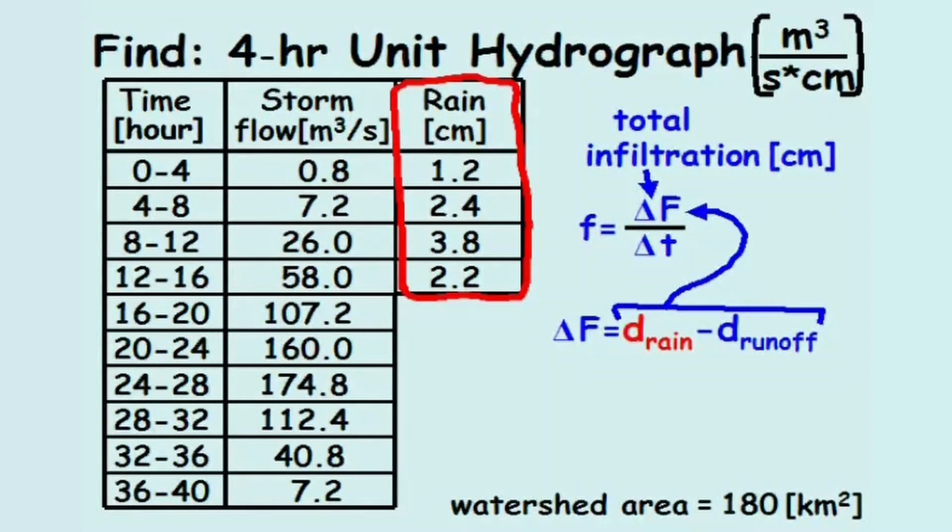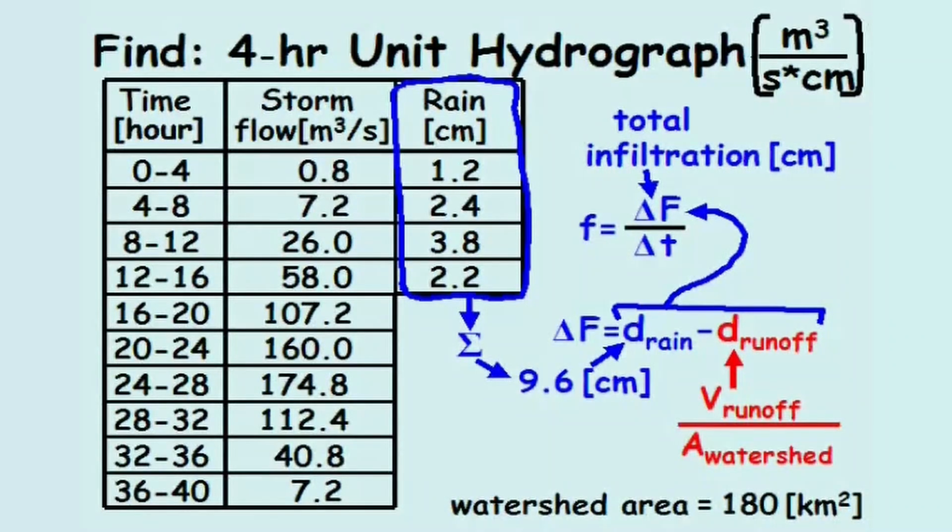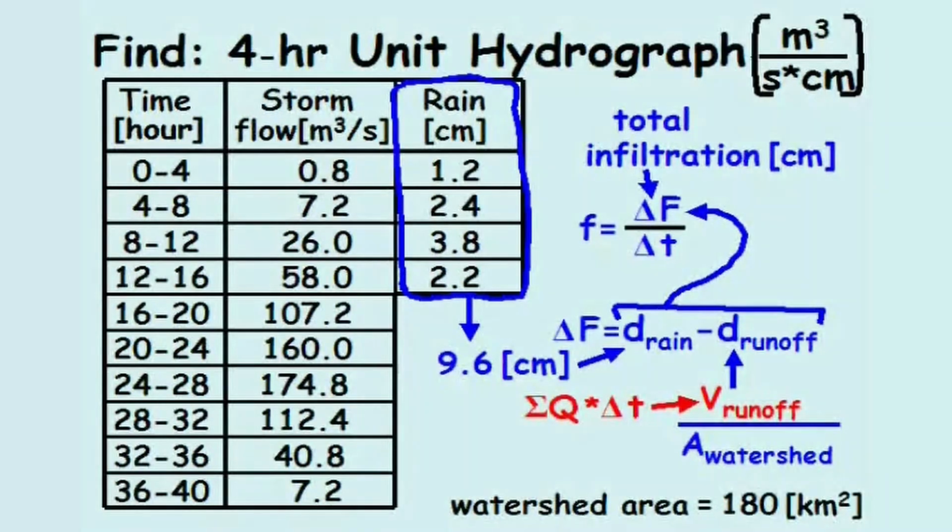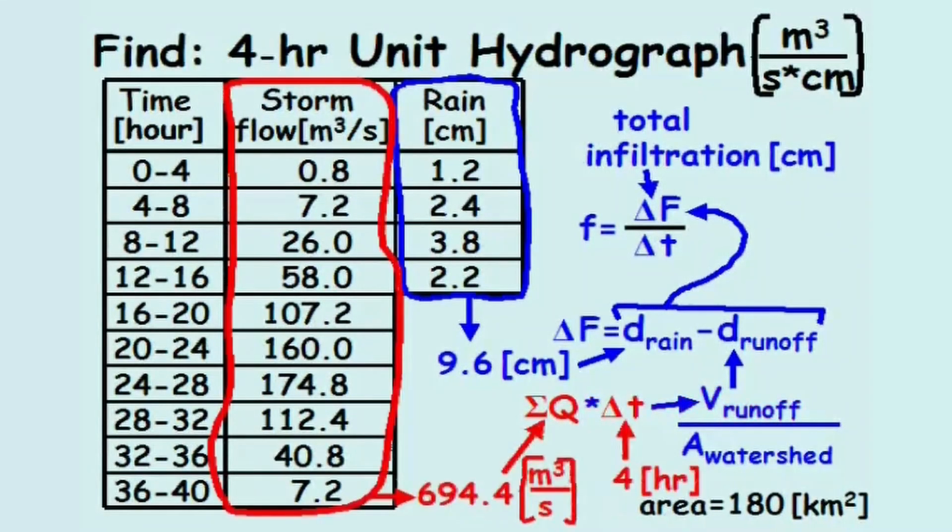The total rainfall depth is the sum of the individual rainfall entries, which equals 9.6 centimeters. The depth of runoff equals the volume of runoff divided by the watershed area, where the volume of runoff equals the sum of the flow rates times the time step, delta T. The sum of the flow rates equals 694.4 meters cubed per second, and the time step is 4 hours.